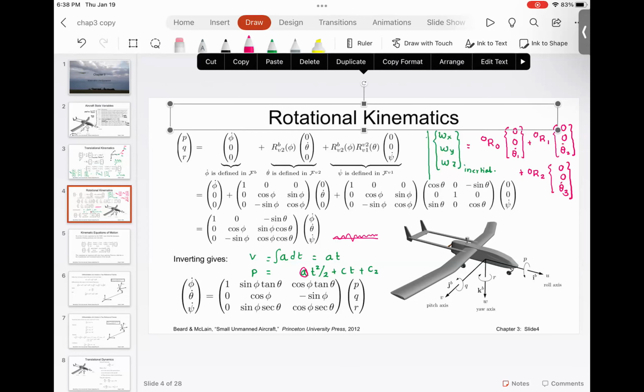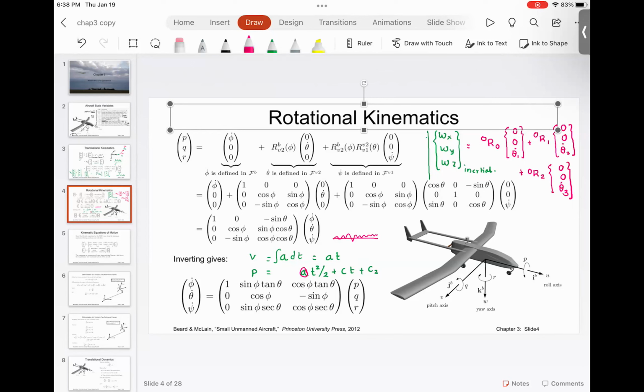We talked about this, then we solved this equation and found the Jacobian.